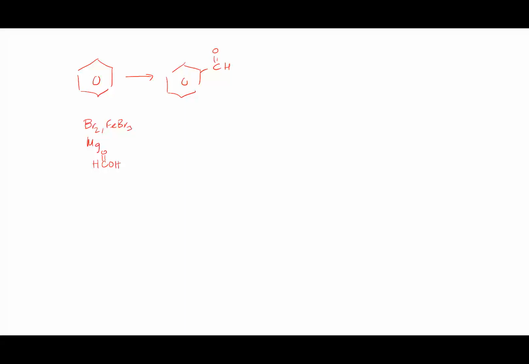You added an acid chloride? I didn't add an OH, it was just an H on the other side. Yeah. Okay. All right, and then what? Oh, that would be it.